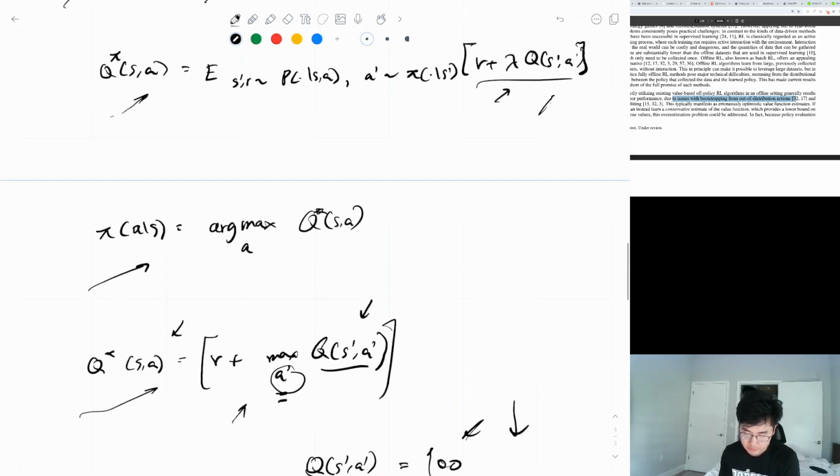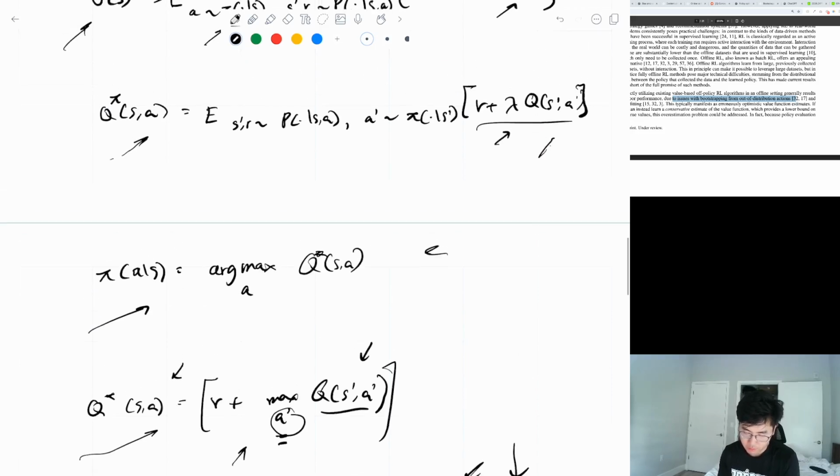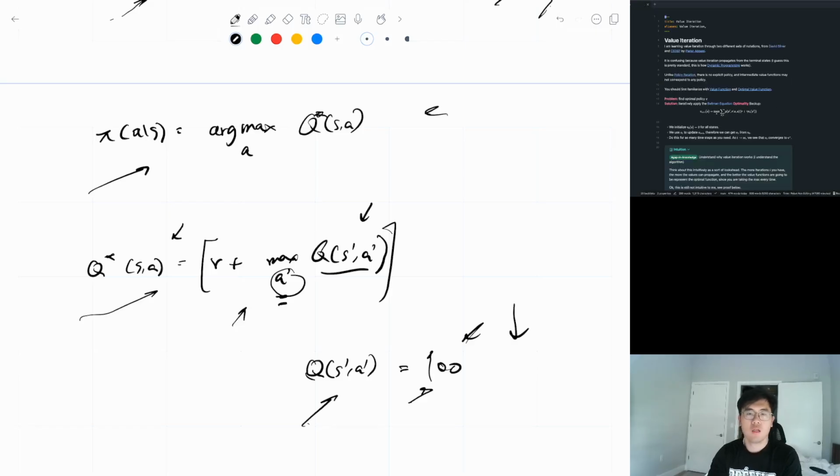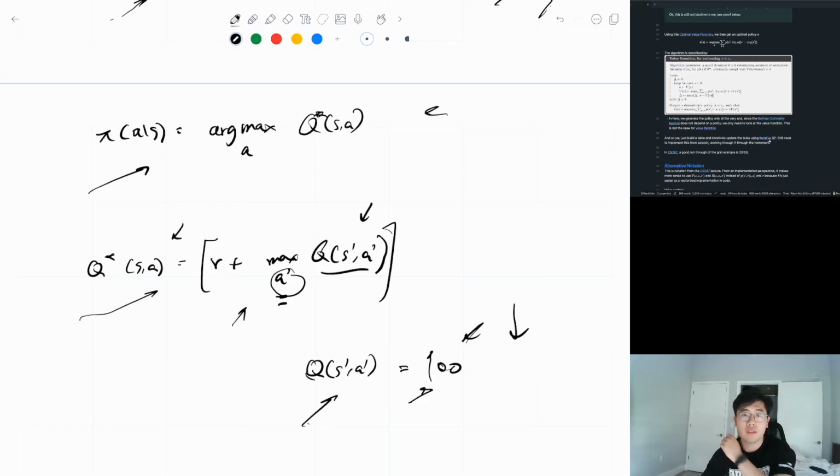So this is policy evaluation, where you update your expectation until it stabilizes.